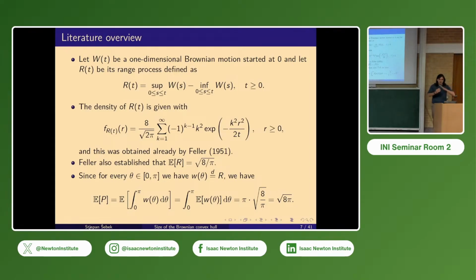Of course there's some dependence structure between these W of thetas, but we are just interested in the expected value, so we don't care. If we are talking about perpendicular directions, then we do have independence, but we'll come to that later. So it's relatively easy from here to reconstruct the result that the expected value of the perimeter is square root of 8 pi.